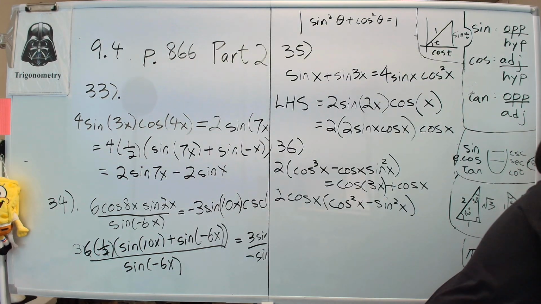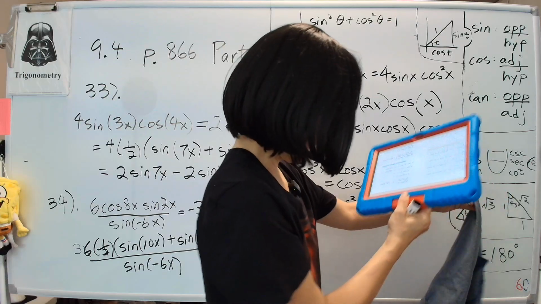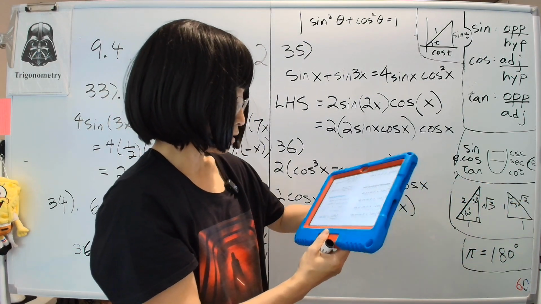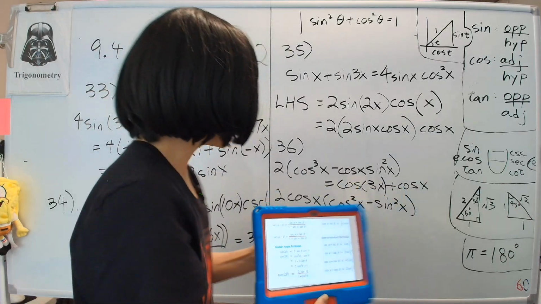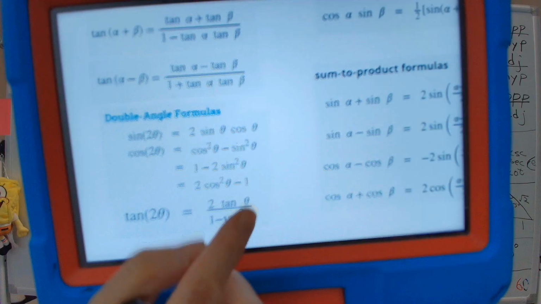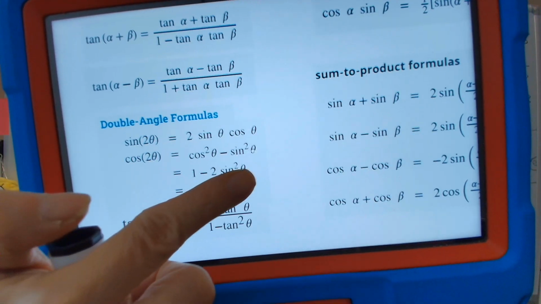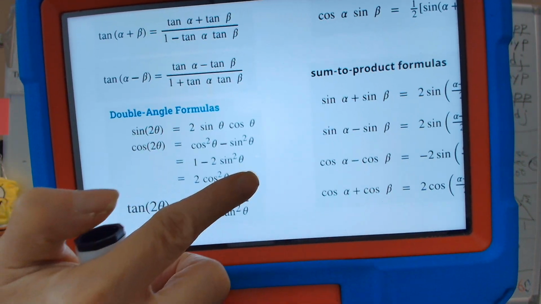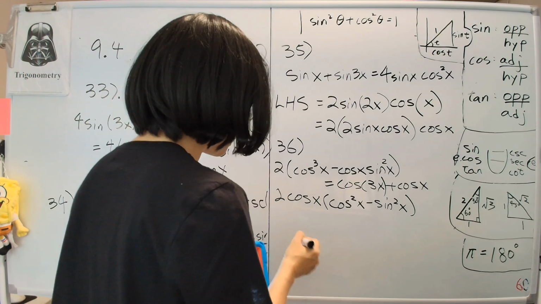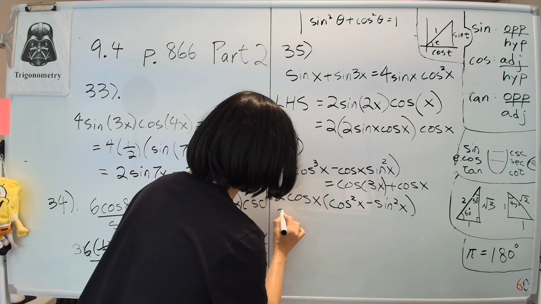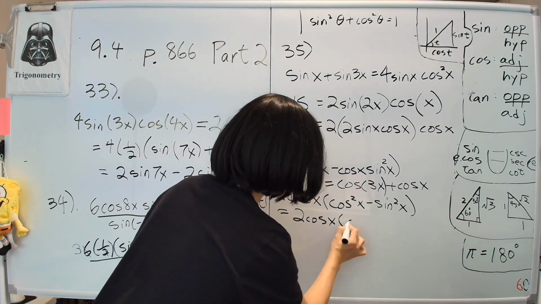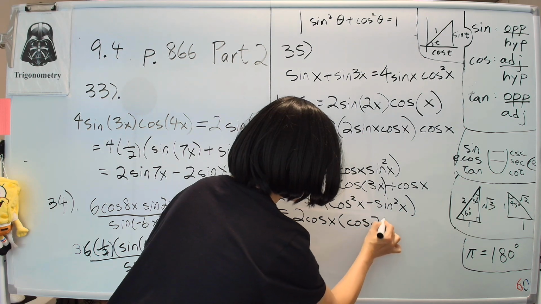So when we look into the pack of formulas, I notice that that phrase, cosine squared x minus sine squared x, is actually in the double angle formulas for cosine 2 theta. It's one of the formulas for that. That is cosine squared theta minus sine squared theta equals the cosine of 2 theta. So let's plug that in and see if anything good comes of it. So this equals 2 times cosine of x and then times cosine of 2x, based on that formula.